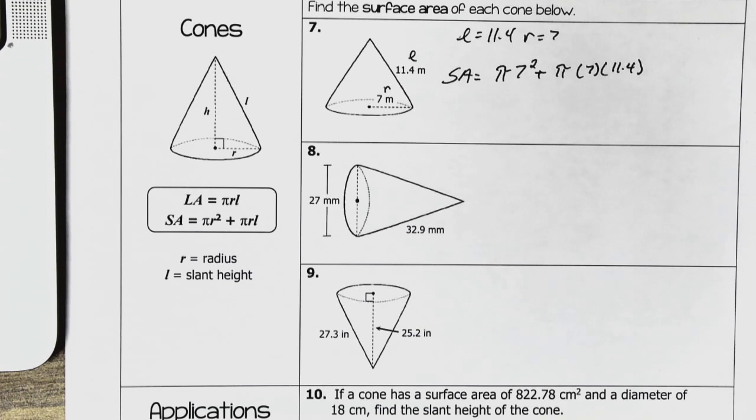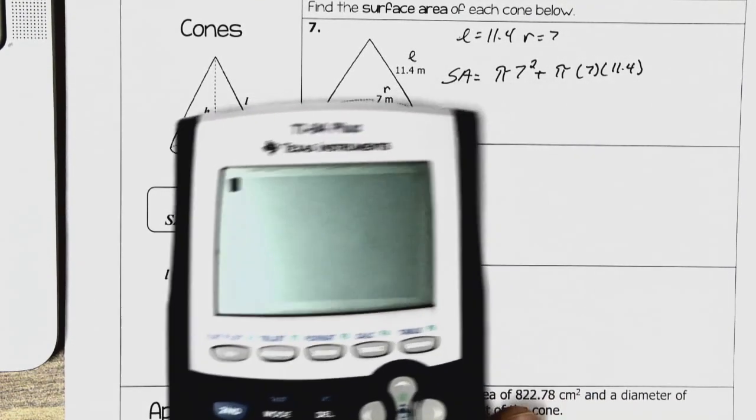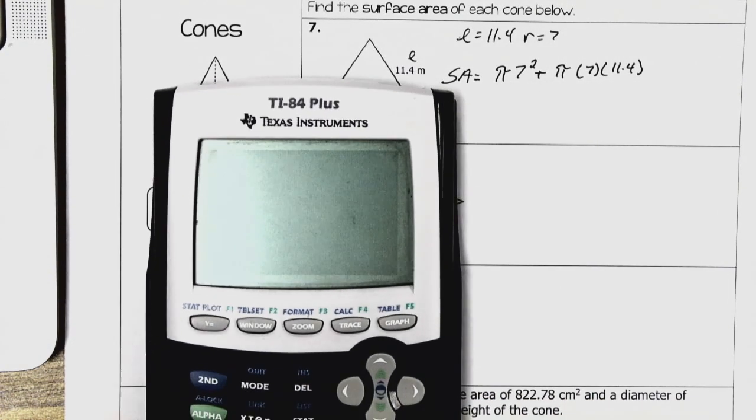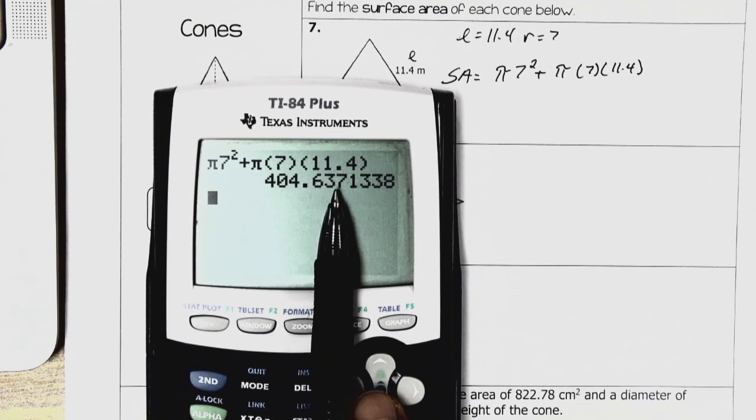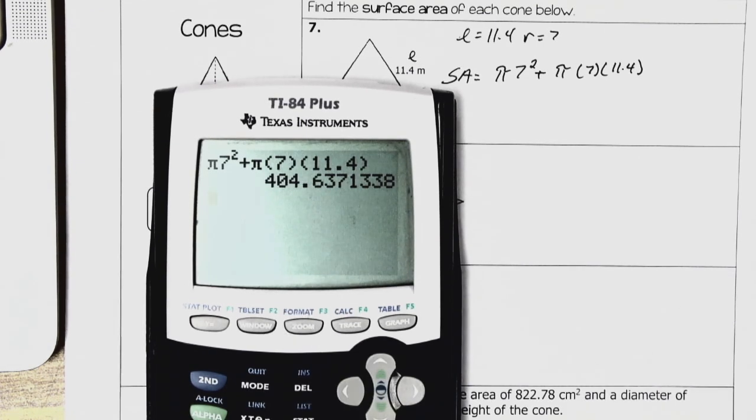I think the cones are definitely easier than the pyramids, just like the cylinders were easier than the prisms. So pi times 7 squared plus pi times 7 times 11.4. There we go. All right, so we'll round to the nearest hundredths on these. So this 7 will round it up to a 4, so it's 404.64.